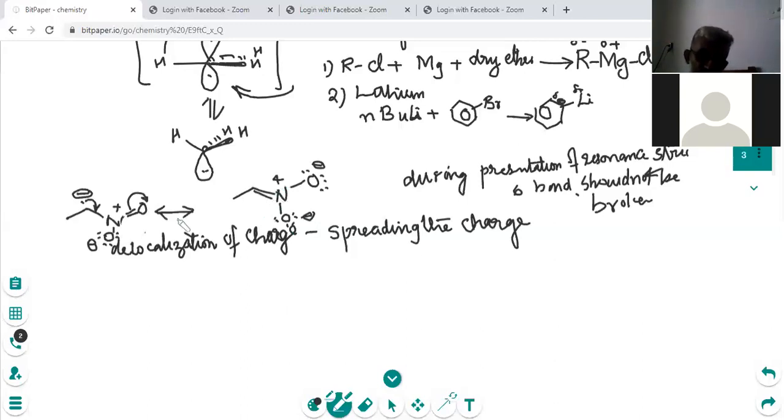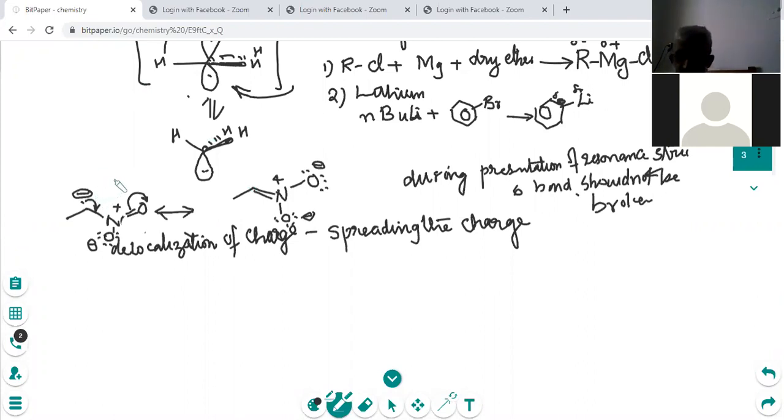On this side you have 1 positive, 2 negative, and here also you have 1 positive, 2 negative. So the negative charge is spread between the carbon and the 2 oxygens of the nitro group. It is not getting concentrated. That is the meaning of writing this.